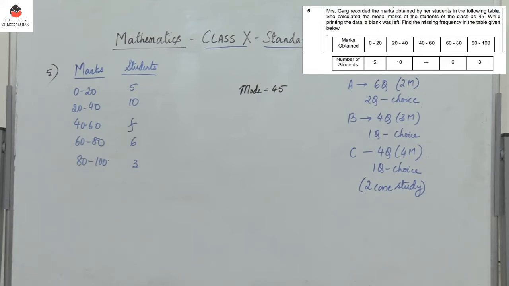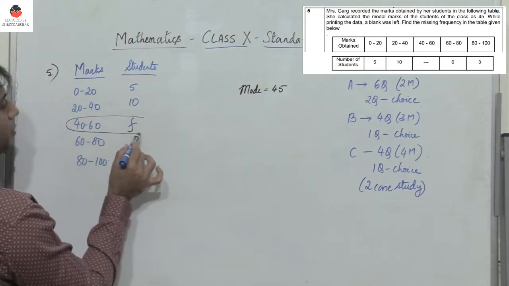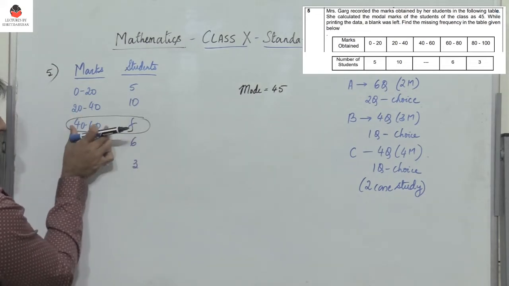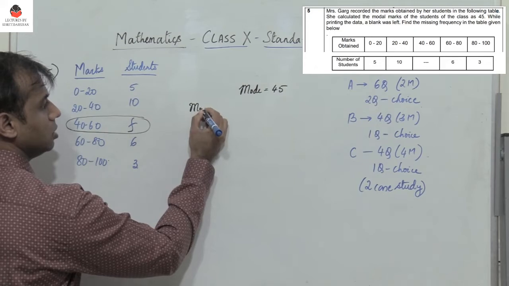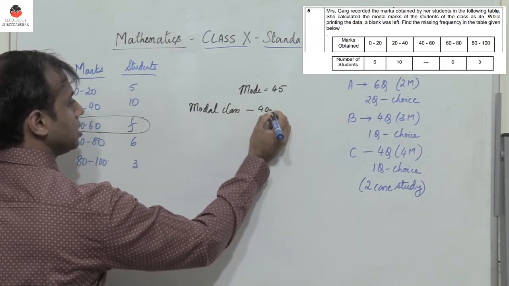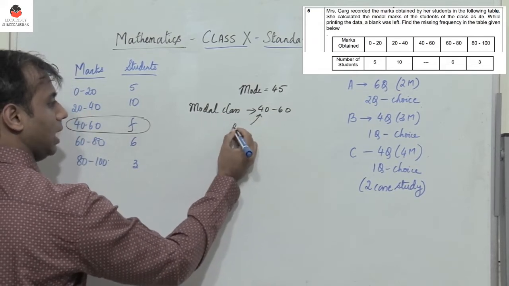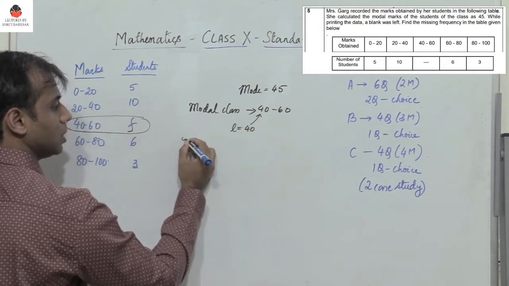Now to find the missing frequency, first of all, we need to identify the modal class. Since mode is 45, the modal class happens to be 40 to 60, right? So this is the modal class. So modal class is 40 to 60. And what is the lower limit? L equals 40.